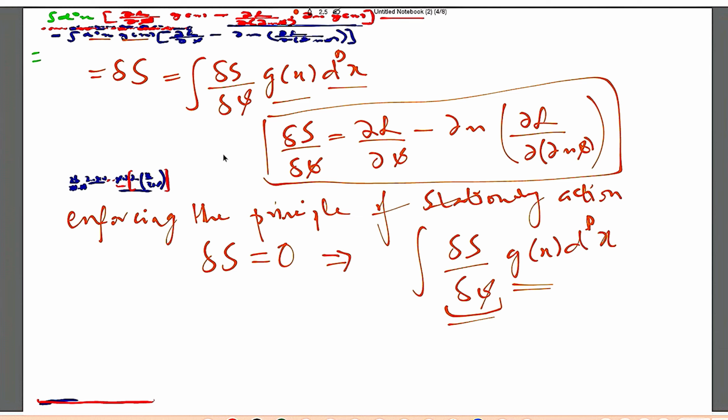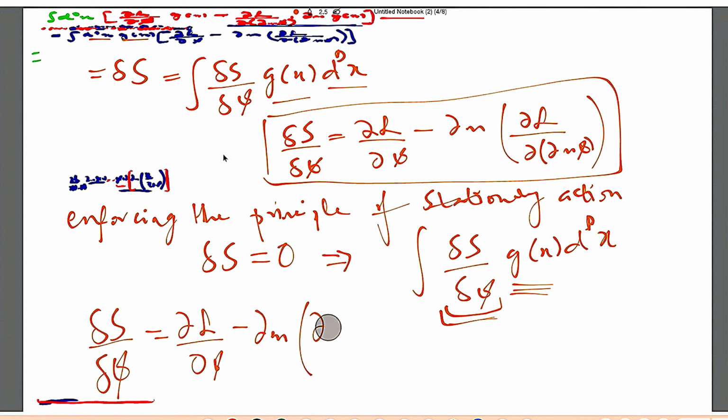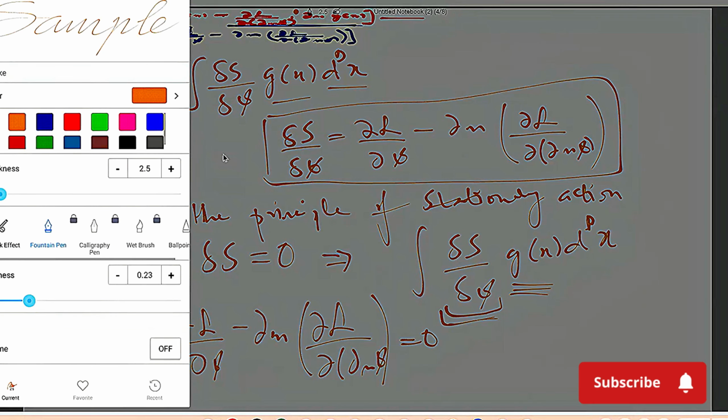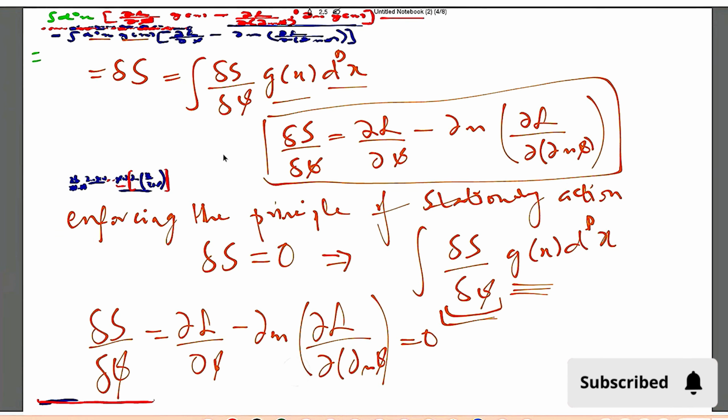So if g of x couldn't be 0, then this thing has to be 0, and as we have seen above, this thing is actually equal to partial L by partial phi minus partial m of partial L by partial m phi, and that should be equal to 0. And this is, everyone, the most wanted equation of motion that we needed.